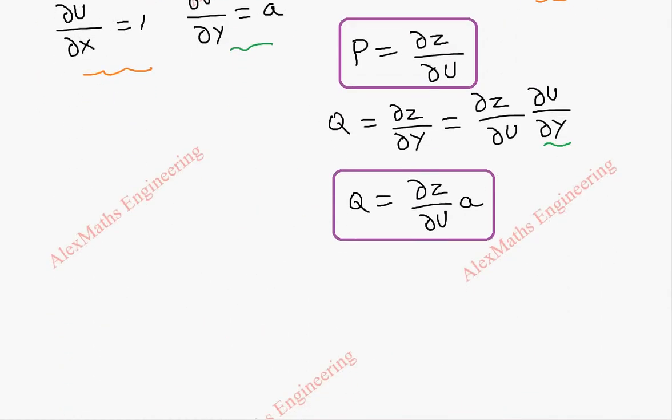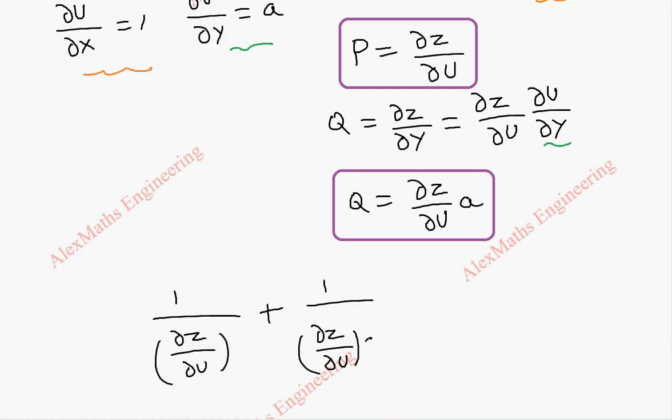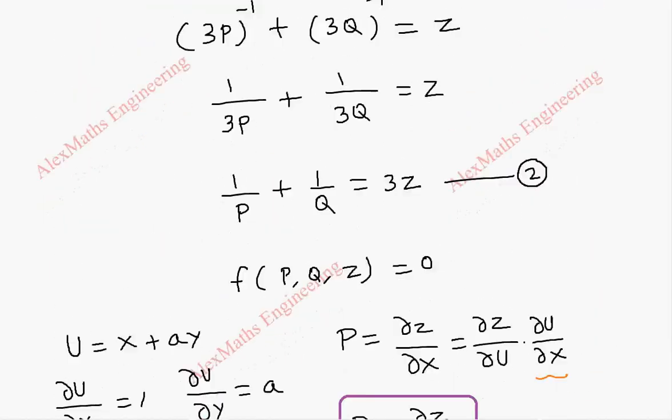So 1 by P becomes 1 by (dou z by dou u) plus 1 by Q, that is 1 by (dou z by dou u into A), and on the other side it is equal to 3z.